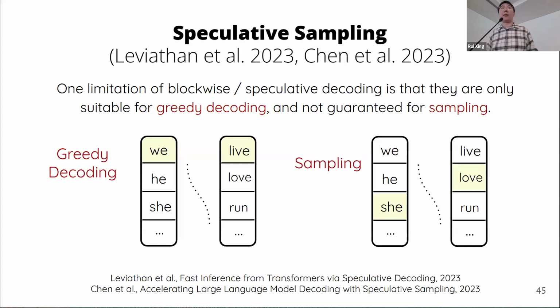The left is greedy decoding. At every step, you just use the top one. But for sampling, you may choose one from the top 3, or use some criteria to filter out improbable tokens and randomly select one. Our online services, like a chatbot service, usually use sampling.